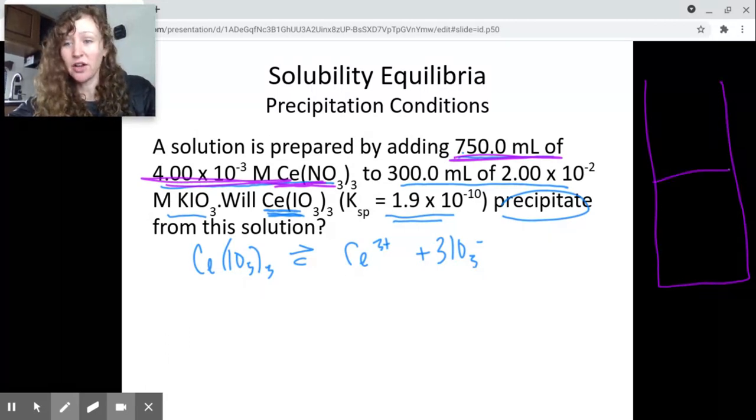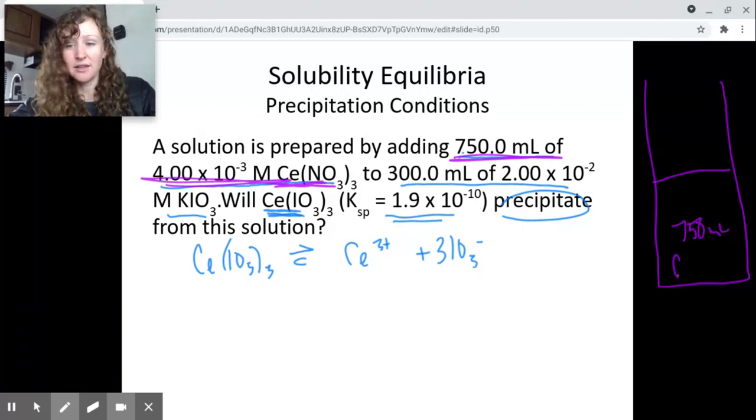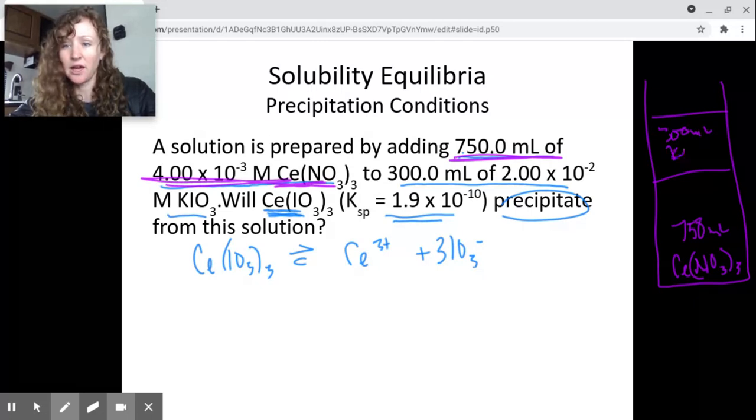We're taking 750 milliliters that contain selenium nitrate, and we're adding it to 300 milliliters of KIO3.